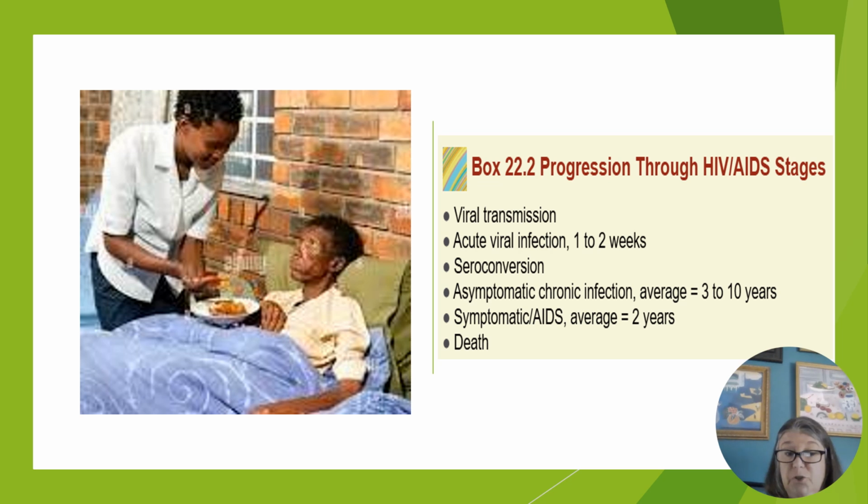This is just a short little box 22.2, of the progression through HIV to AIDS stages, okay? This is a picture of an AIDS patient. The muscle wasting that they encounter is just crazy. It's called cachexia.